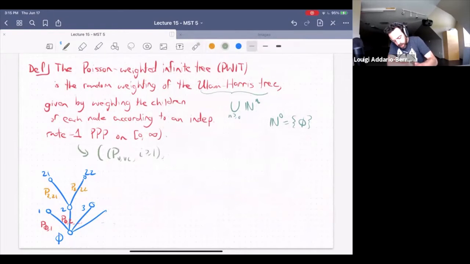I at least one, where V is any node of the Ulam-Harris tree. So these are independent.